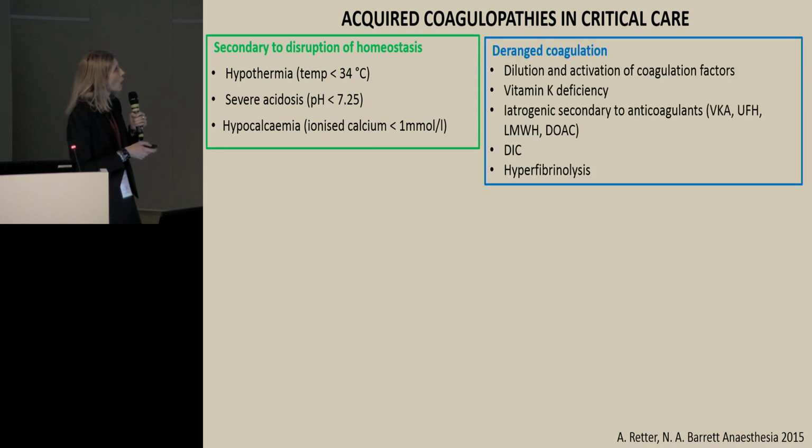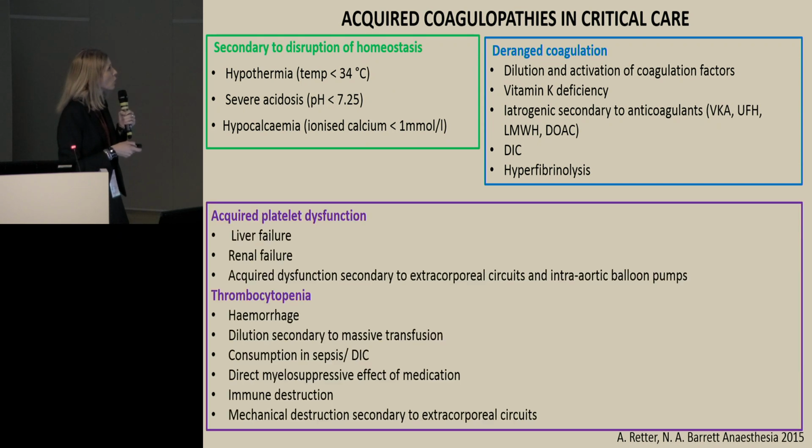We can have coagulopathy because of deranged plasmatic coagulation, and this can be due either to antithrombotic medication, or to excessive activation of coagulation, such as in DIC, or to excessive activation of fibrinolysis, such as in hyperfibrinolytic states. And the third main cause of acquired coagulopathy is represented by the platelets. And we can have here either platelet dysfunction, or a decrease in the platelet count.